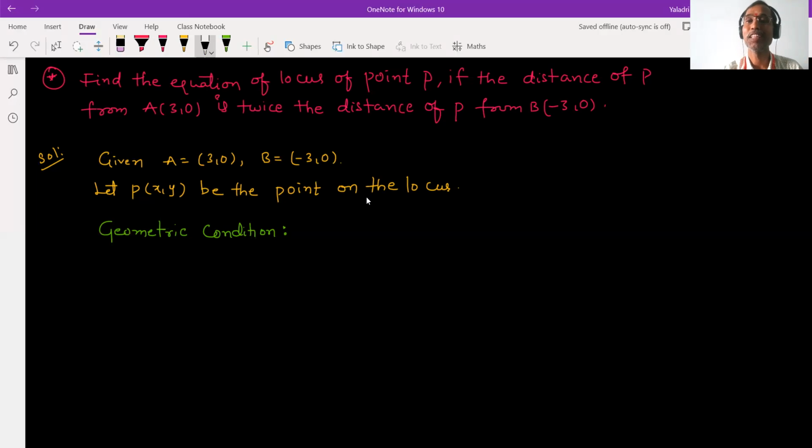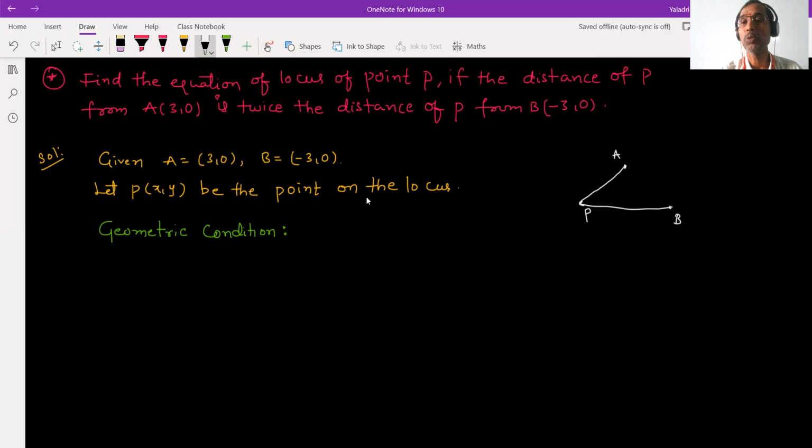The distance of P from A, that is PA, is twice the distance of B. Let us suppose another point B, so that is PB.